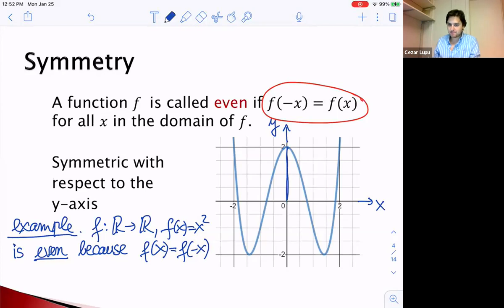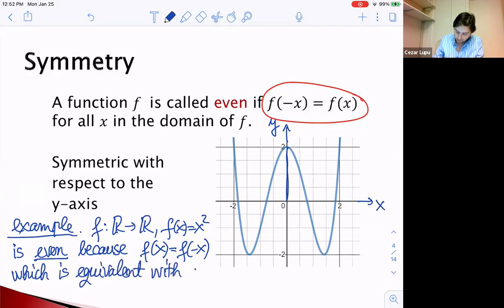Is it clear for everybody? Right? So, which is equivalent to x squared being the same as negative x squared, which is true. For example, 5 squared is the same as negative 5, everything squared, which is negative 5 times negative 5, which is 25.